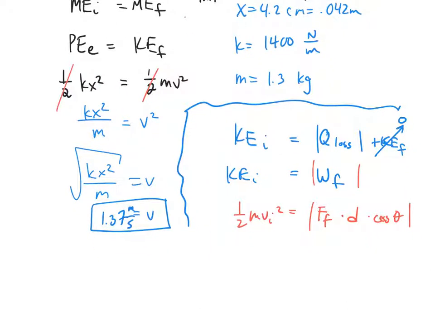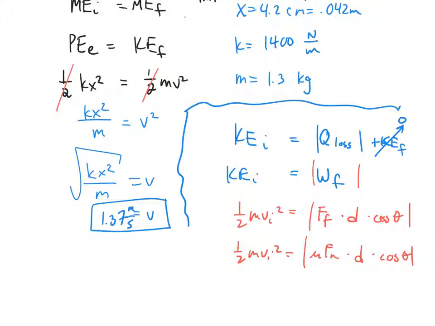I can replace Ff with mu Fn. I've done this now at least 5 times in this chapter alone. You've done it in your homework. You should be able to do that. I'm assuming you know this. This was from last test, and if you didn't know it then, you should know it by now. It's on your formula sheet. Ff equals mu Fn. What's Fn in pretty much all of these problems? Fn is the force acting up to balance what acts down.